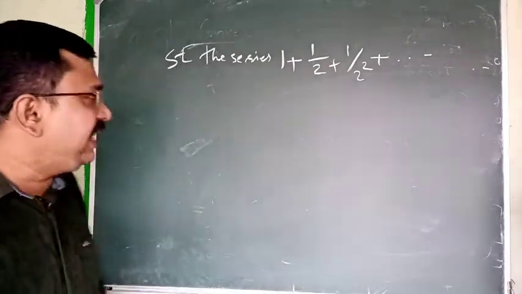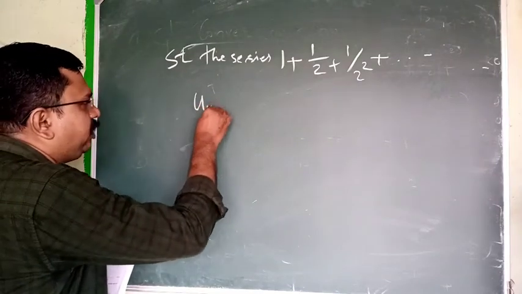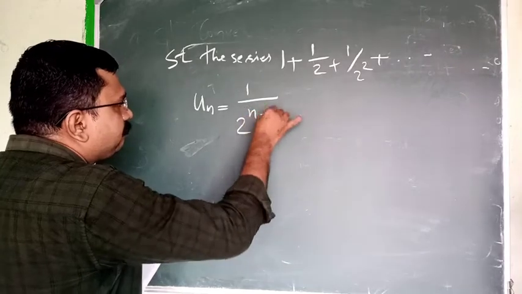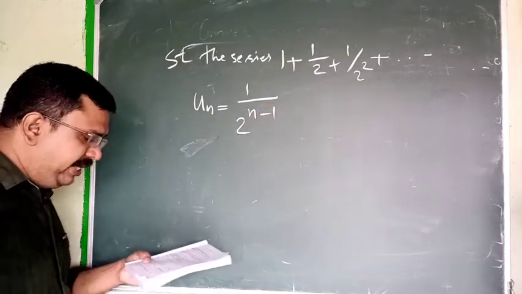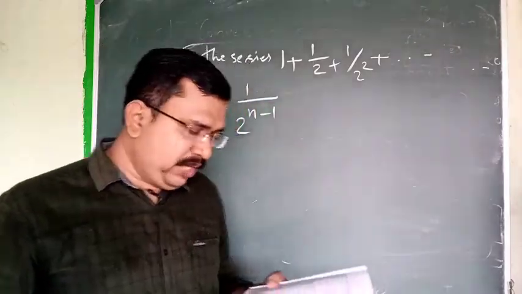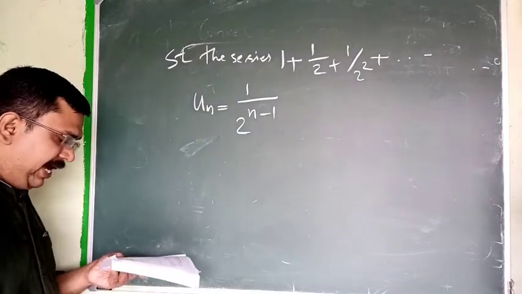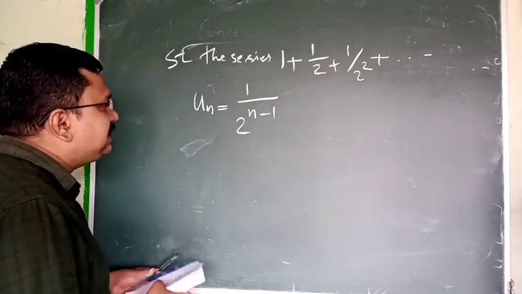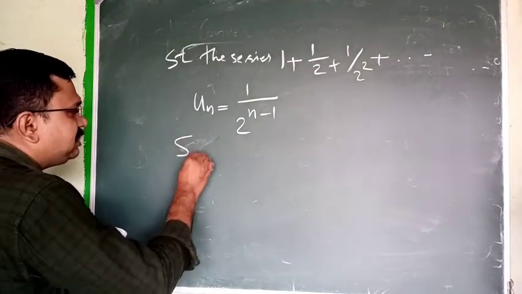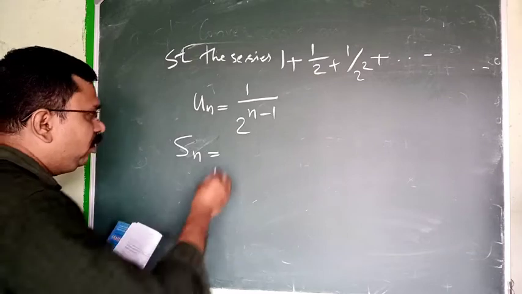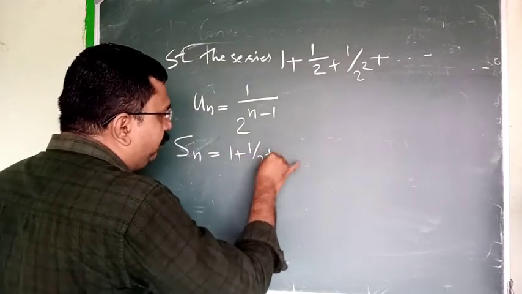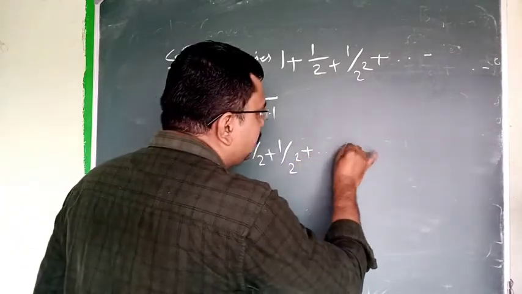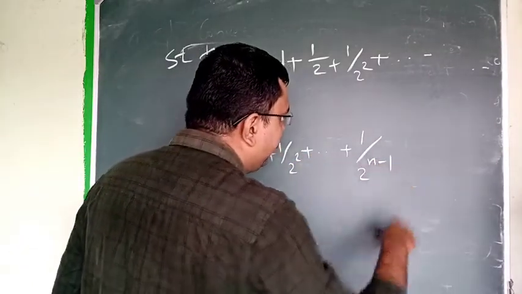Okay, let un equal to 1 by 2 raised to n minus 1, and hence the nth partial sum is given by Sn, which is equal to 1 plus 1 by 2 plus 1 by 2 square plus etc. plus 1 by 2 raised to n minus 1.